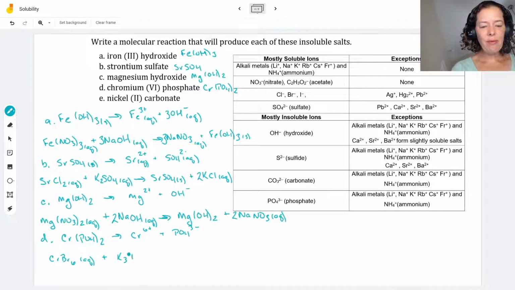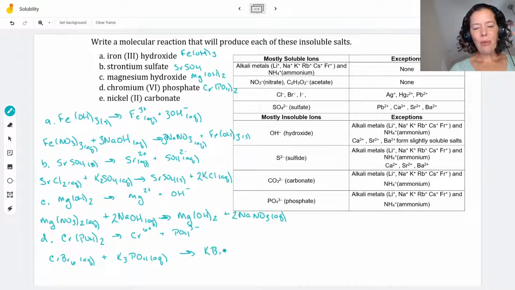Potassium phosphate is nice and soluble. That is aqueous, and so this is going to give me potassium bromide, which of course is aqueous, and then it's going to give me my chromium phosphate, which is insoluble, or solid.